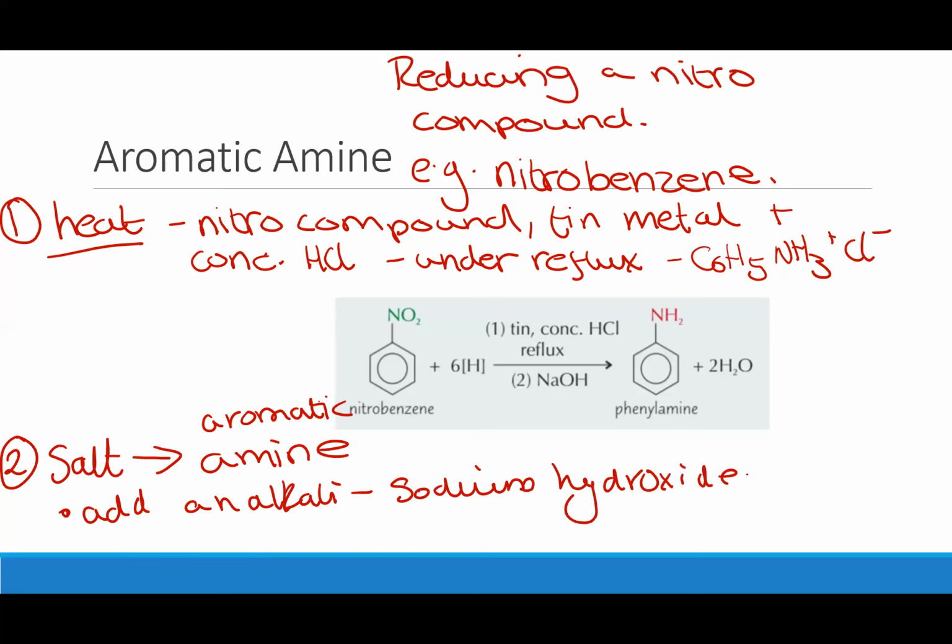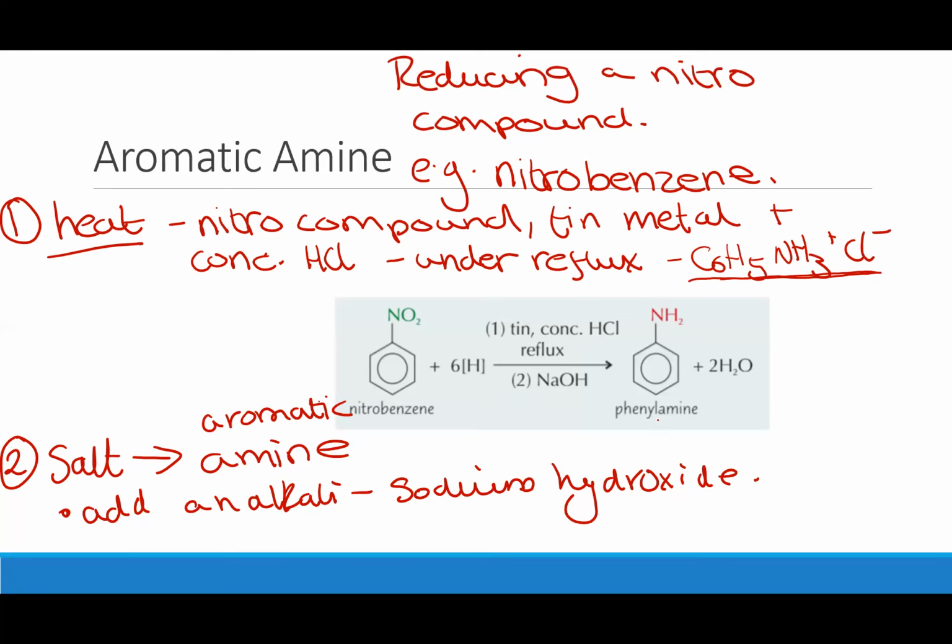So here we've got it in the image. We've got our nitrobenzene. We add tin and concentrated hydrochloric acid under reflux. Then once we've got that salt, so this would be an example of the salt if we were using nitrobenzene, we add sodium hydroxide solution, and then we get our aromatic amine being produced.